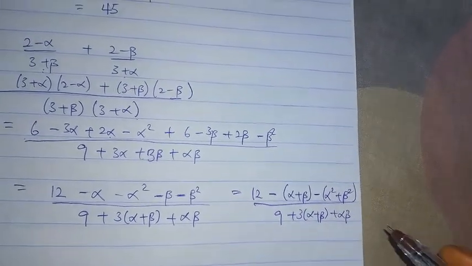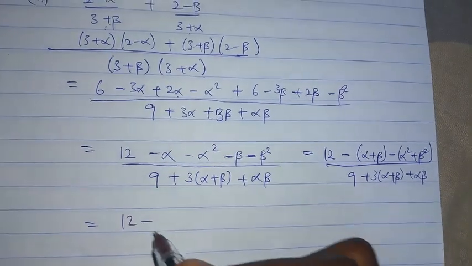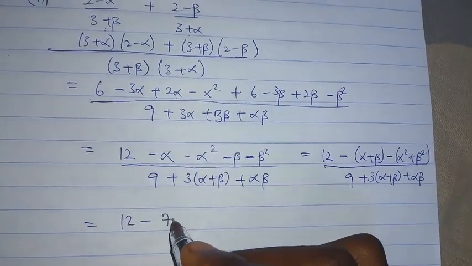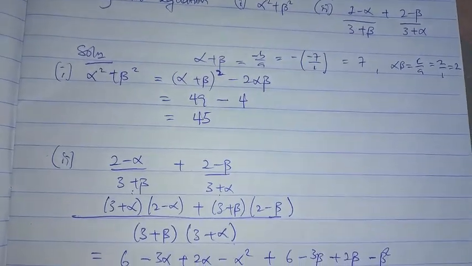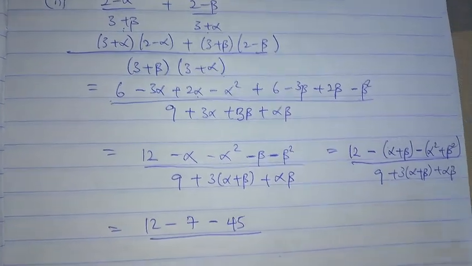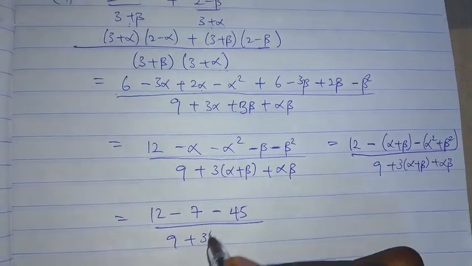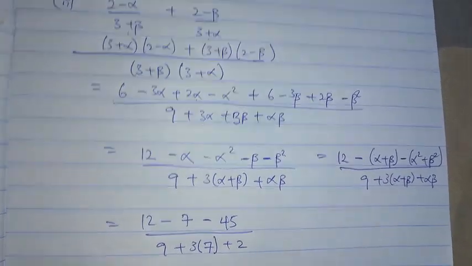Now putting in our values, what do we have? This becomes 12 minus alpha plus beta, which is 7, then minus alpha squared plus beta squared, which we have gotten to be 45. Everything all over 9 plus 3 times alpha plus beta, which is 7, plus alpha beta, which is 2.